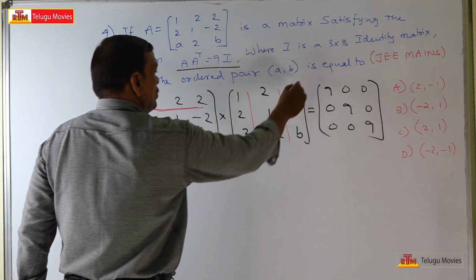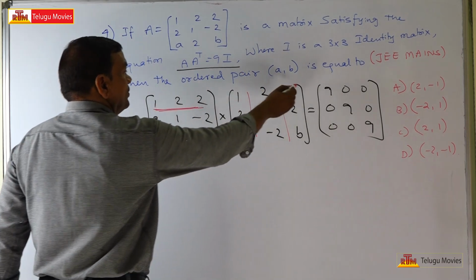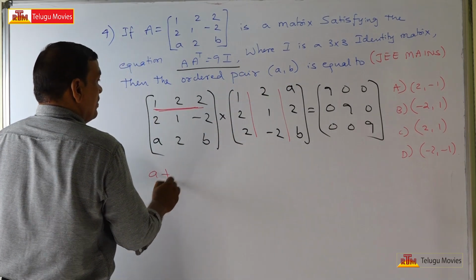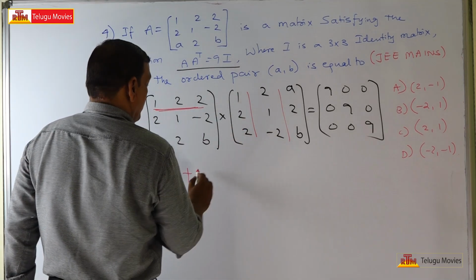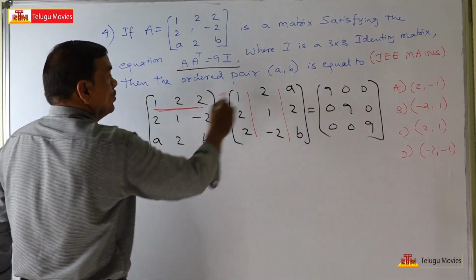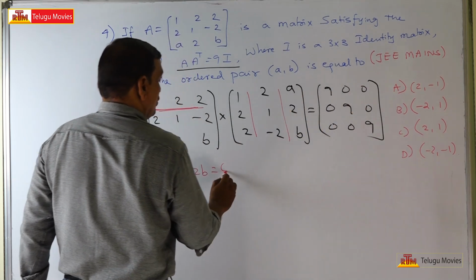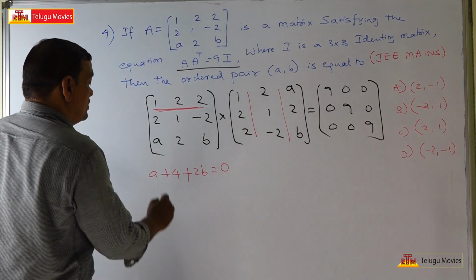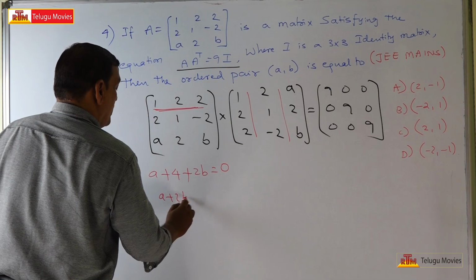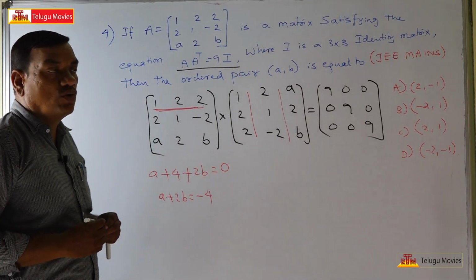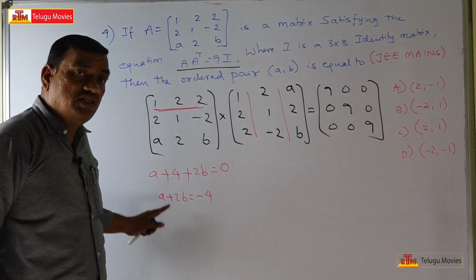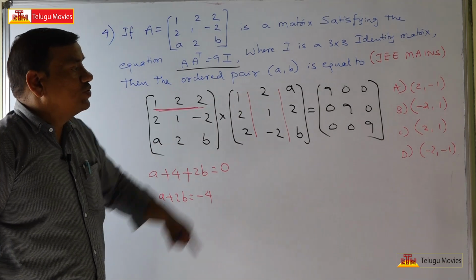First row, third column, multiply. 1 into a is a, plus 2 into 2 is 4, plus 2 into b is 2b. This is equal to 0. So a plus 2b is equal to minus 4. Only this equation is enough to check the problem.